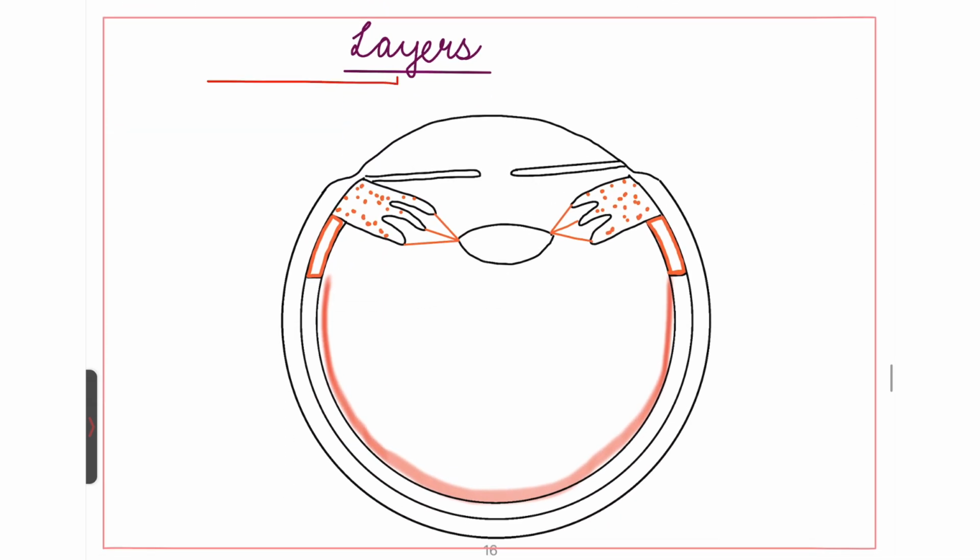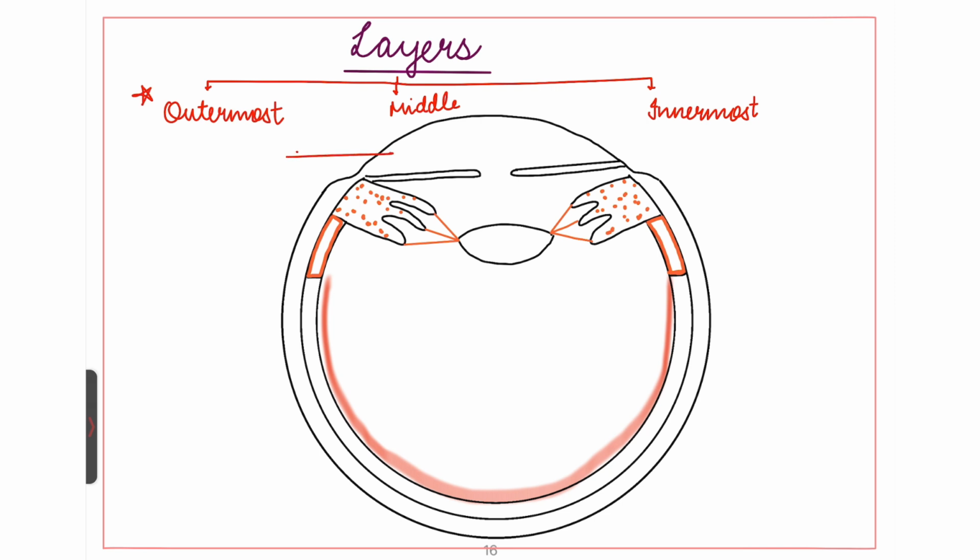The layers are divided into outermost, middle, and innermost layers. Looking at the outermost structures first, the anterior 1/6 is the cornea.